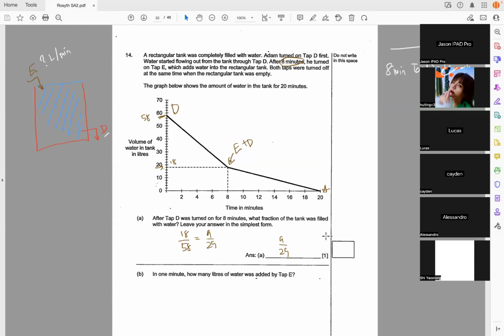Okay. And in 1 minute, that will be the rate of tap D. It will drain out 40 divided by 8. It will drain out 5 liters per minute. So this is tap D's rate, 5 liters per minute. All right.